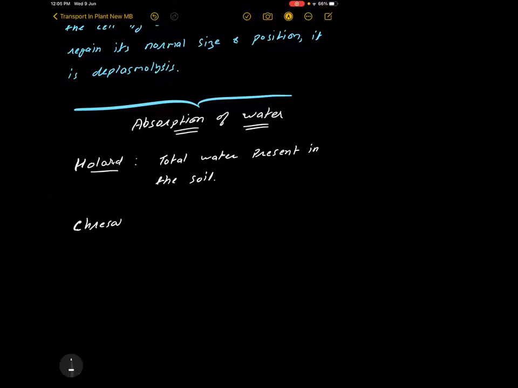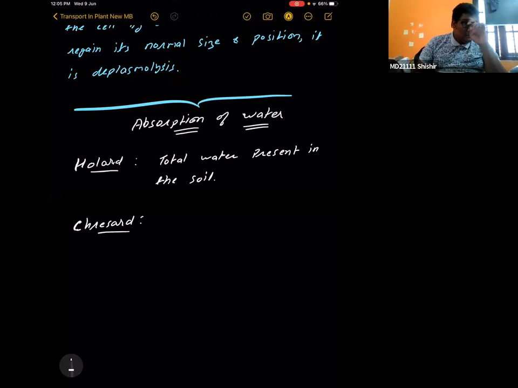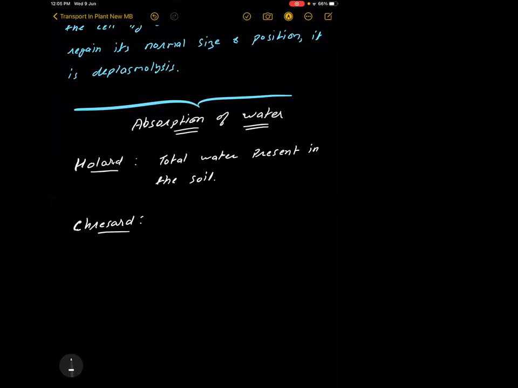Cressard means the water which is available to the plant. This is a general, collective term. The water available to the plant, that is Cressard.